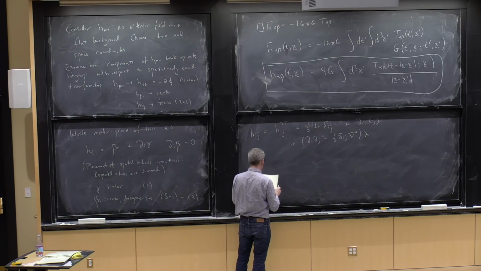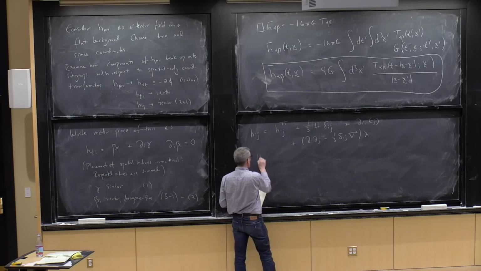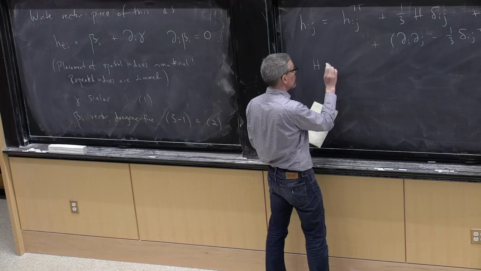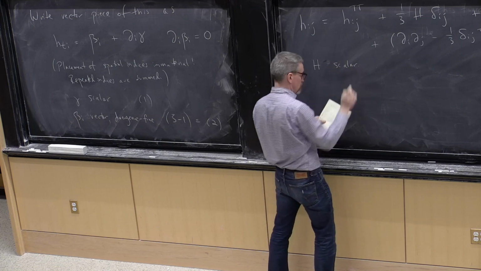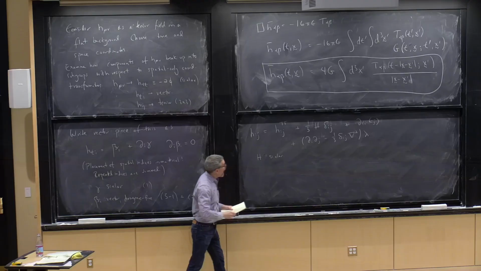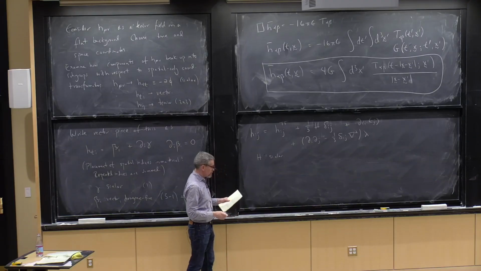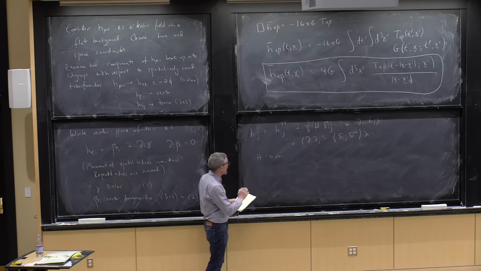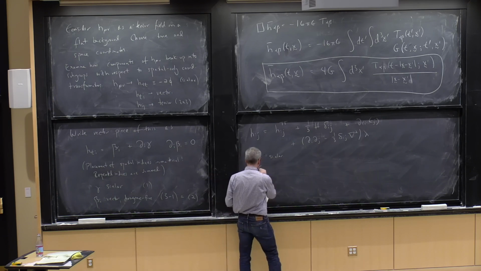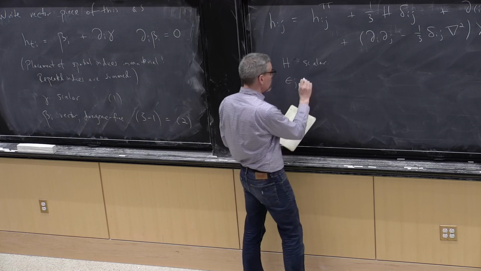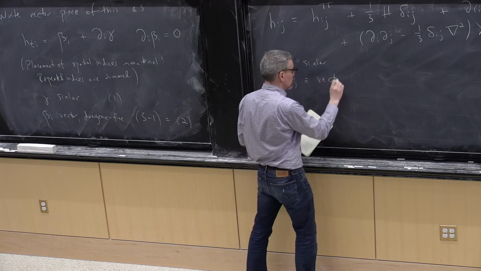Over here, as I look through all of these different functions, H is a scalar. I have defined it in such a way, hold on just 1 second, I'm going to come back to that point in just a moment. Epsilon j is a vector.